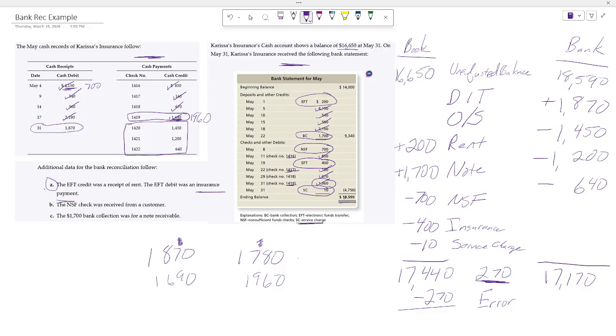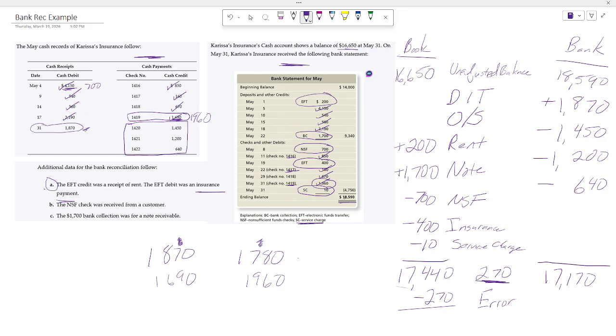We can also make these mistakes on deposits, where we write the wrong deposit amount. So then we, again, have to ask ourselves, do we have more or less money than we thought? And so that just determines whether you add or subtract it from the book balance.